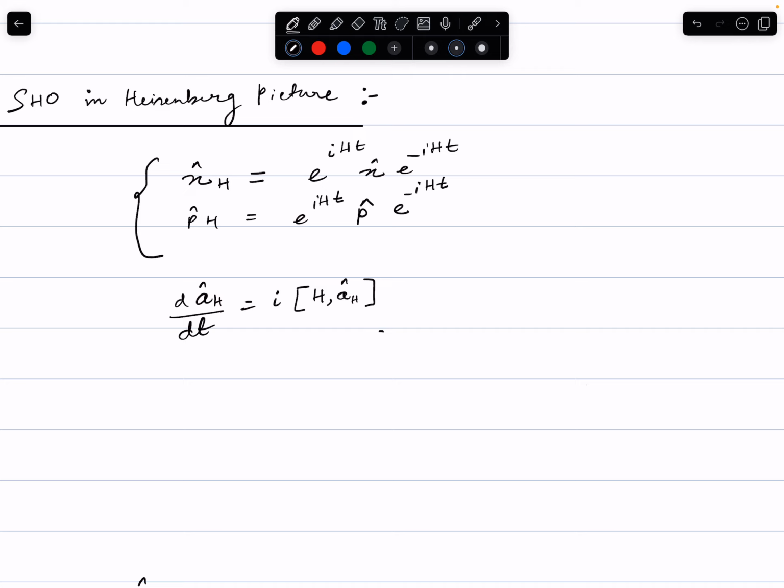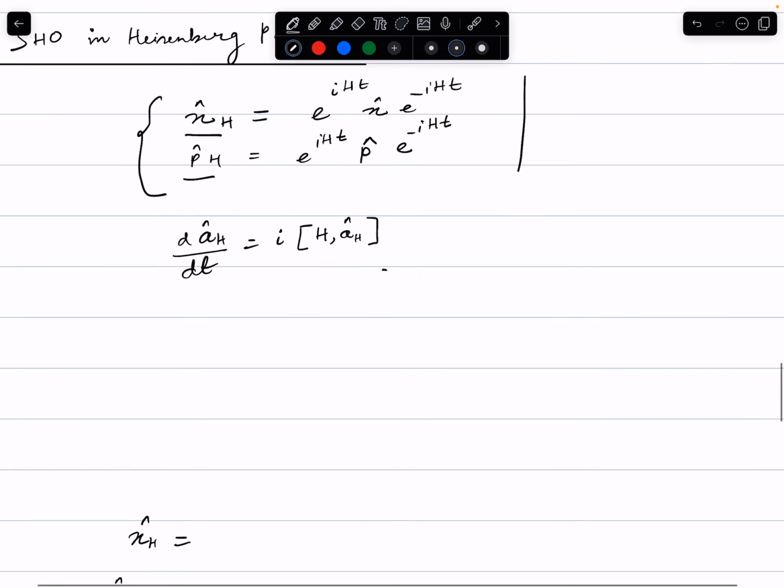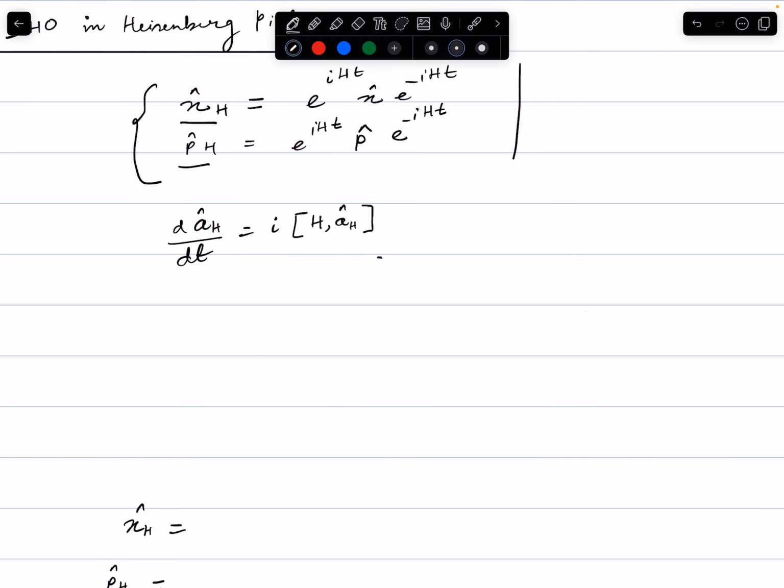So the Heisenberg picture operators of x and p will be related to the Schrodinger picture x and p, which don't change with time. So by fixing t equal to 0 when all operators are the same, we say that at some time t the Heisenberg operators are given by this equation, whereas the Schrodinger picture obviously does not change. And then the Heisenberg operators are given by the equation of motion.